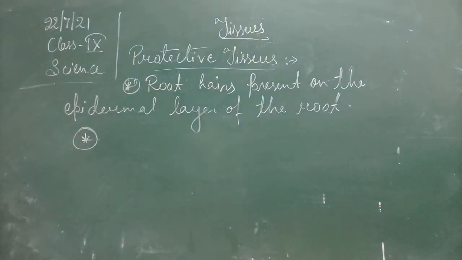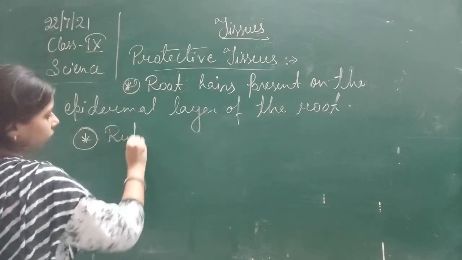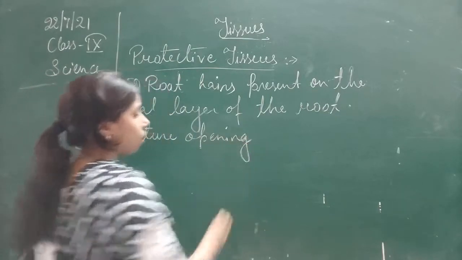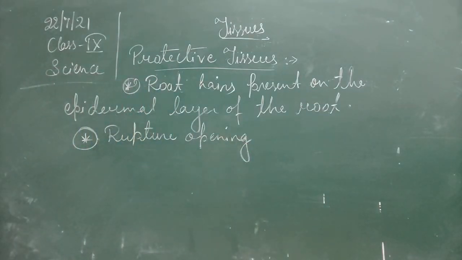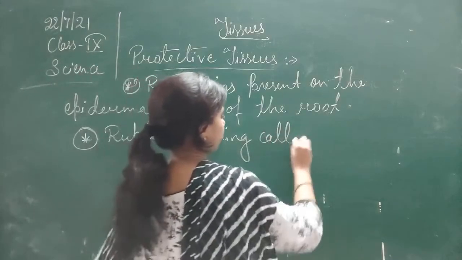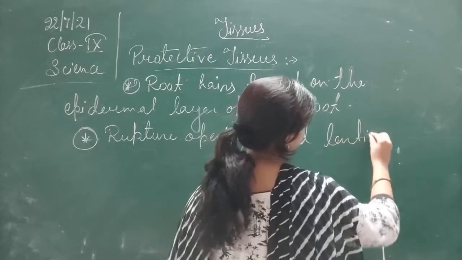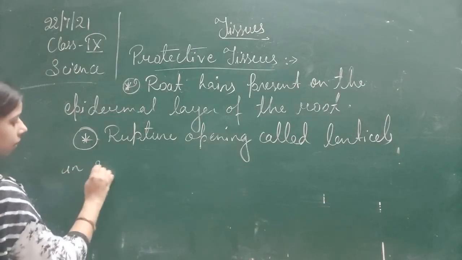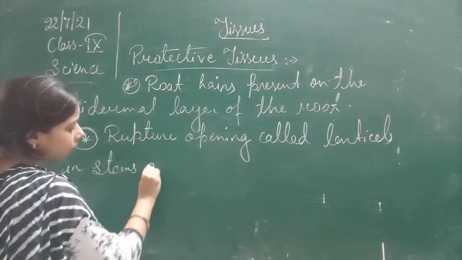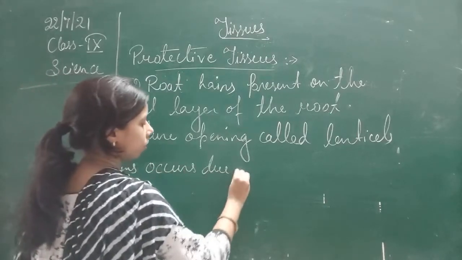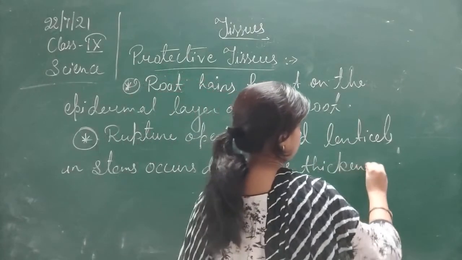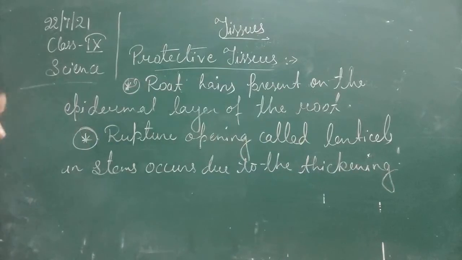So here we can say that ruptured openings, called lenticels, in stems occur due to thickening in the stem.